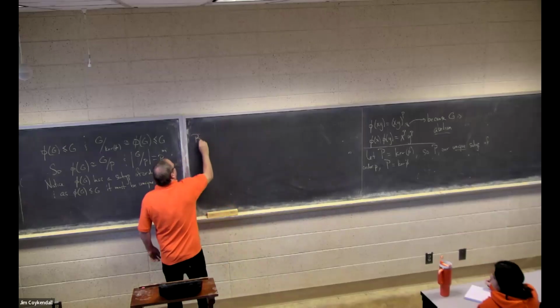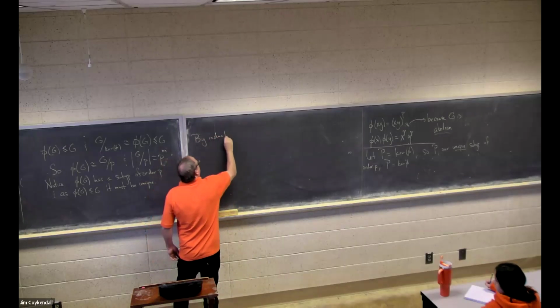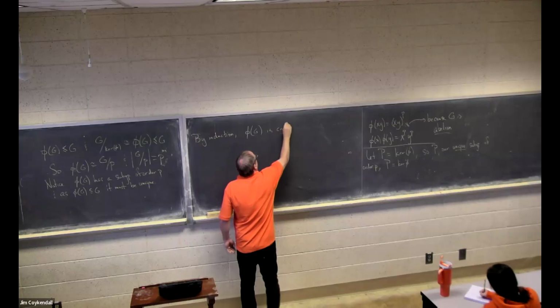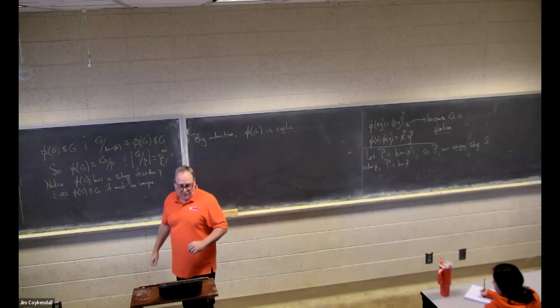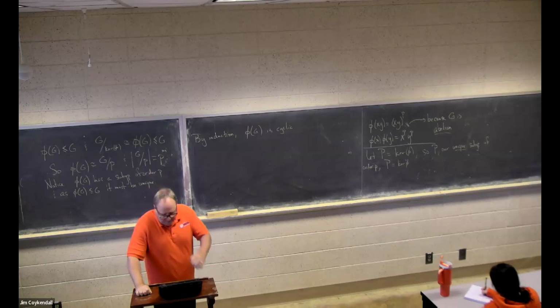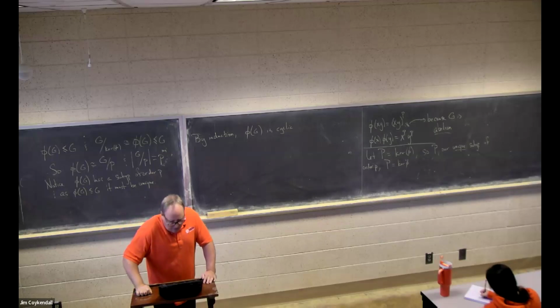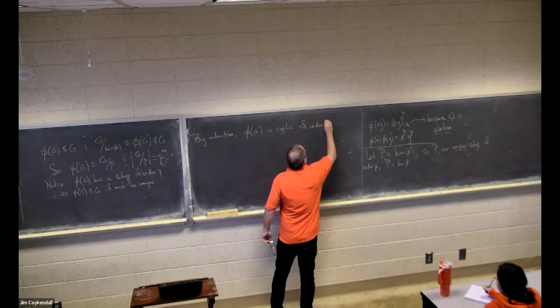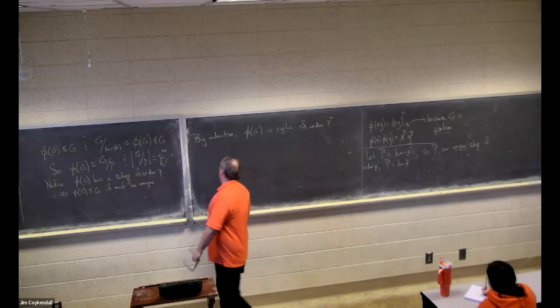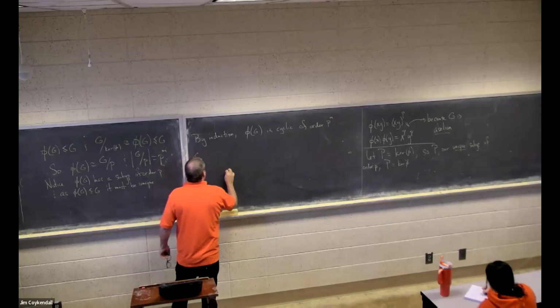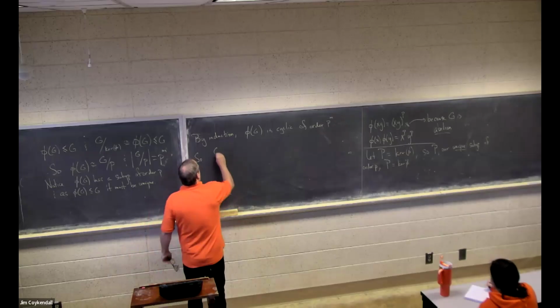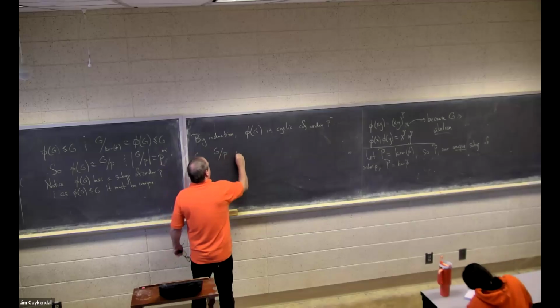By induction, phi of G is cyclic. Because phi of G is a group of smaller order, it's cyclic, and it's of order p to the n. So G mod P is cyclic.